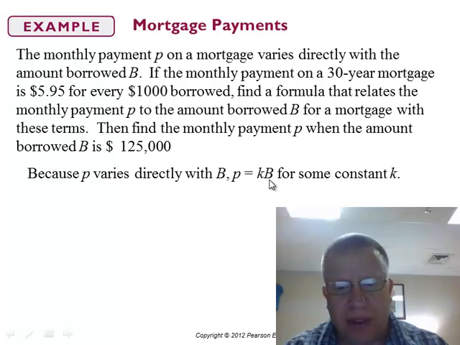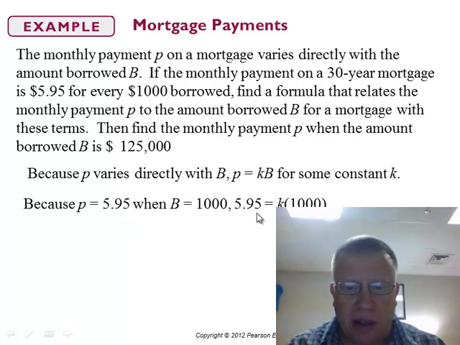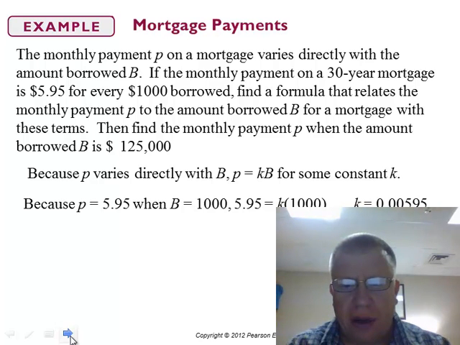So if you borrow $1,000, then your payment is $5.95. So plug those two numbers into the equation, and then solve for k. So you have 5.95 is equal to k times 1,000. Solve for k by dividing both sides by 1,000. And of course, 5.95 divided by 1,000 is 0.00595.